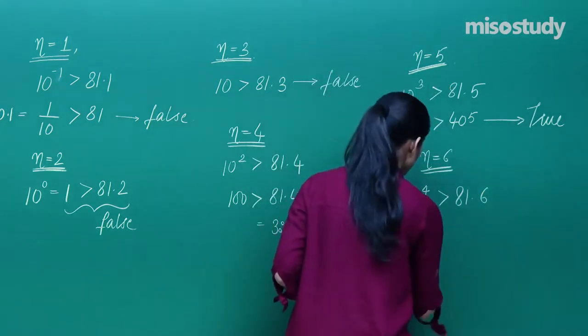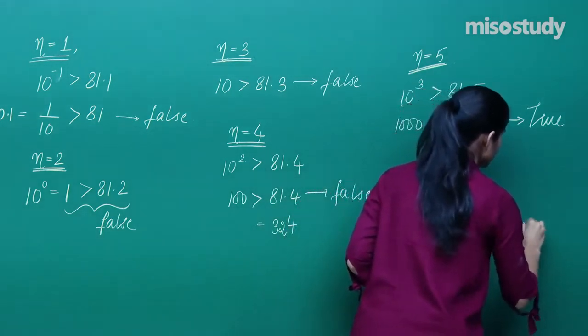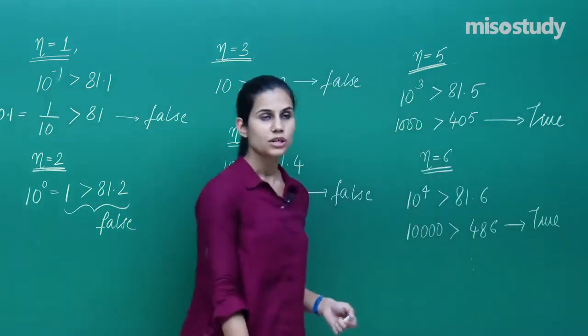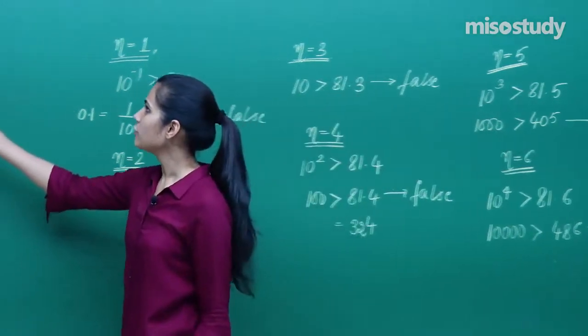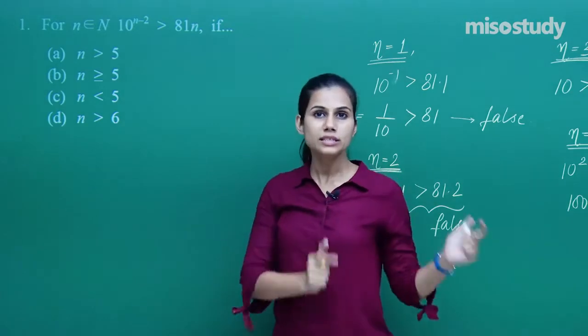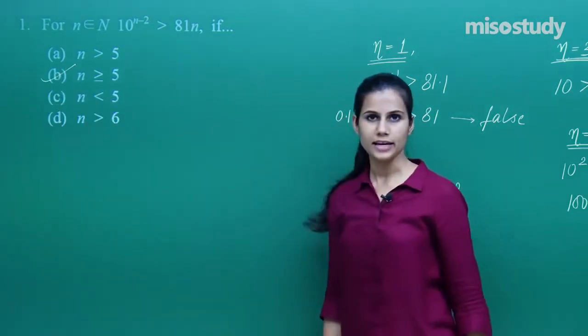Yes, this is also true, and that is going to continue. So from 5 onwards this statement is true, before 5 it's not true. So this holds if n is greater than or equal to 5.